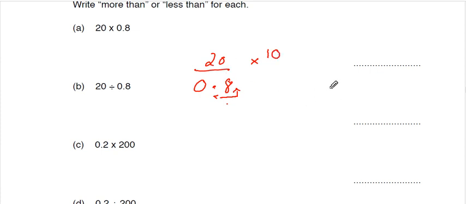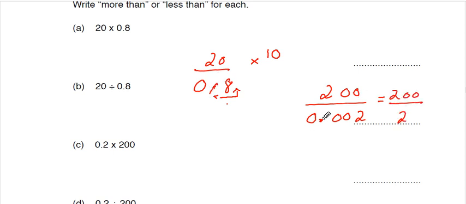In the same way, for example, you have 200 divided by 0.002. I want to remove this decimal. So I will multiply my top by how many tens? 1, 2, 3. 3 tens. Okay, so this is the direct way. If you want to apply it, you can do it directly. If you want to do it the other way, it's just up to you.